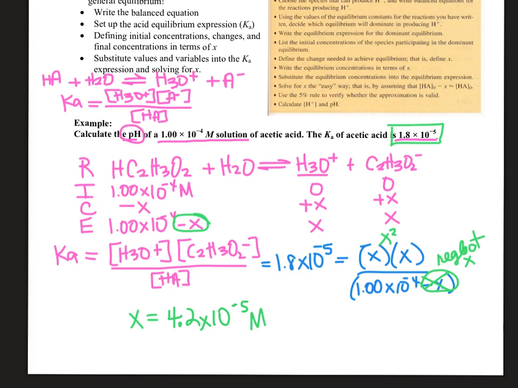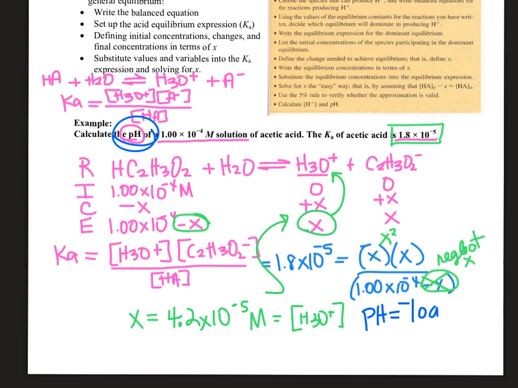What we want to know is what is X, because this is really important. If we come back up here and pay attention to what our equilibrium says, X is the same thing as H3O plus. So that's my concentration of H3O plus. Once I know that, I can really easily calculate the pH, because pH is the negative log of your H3O plus concentration.